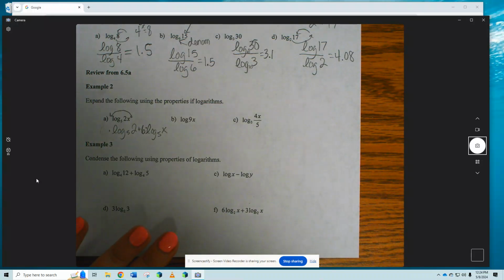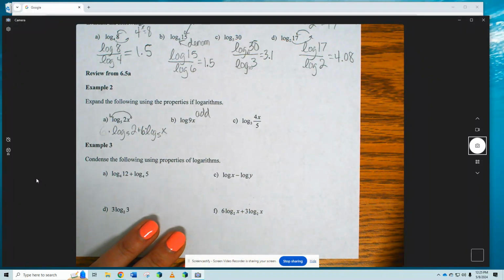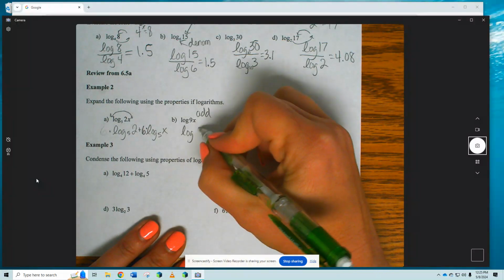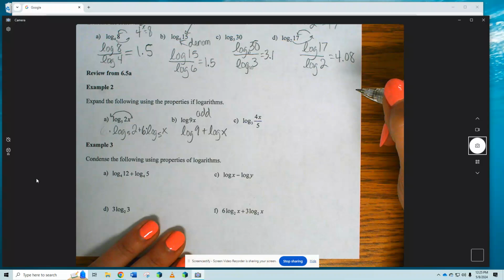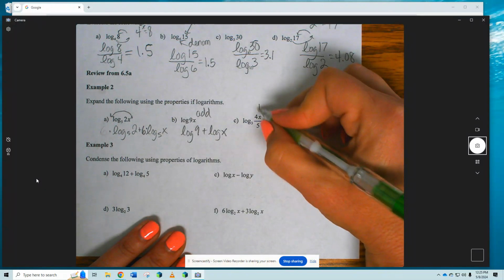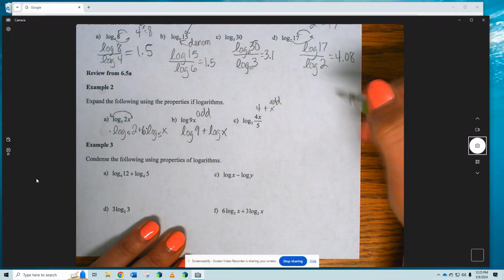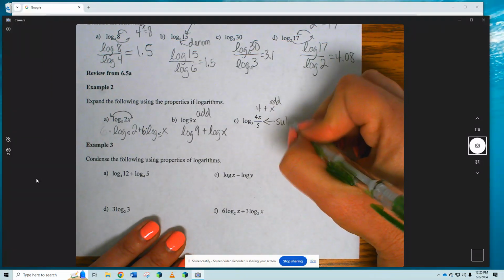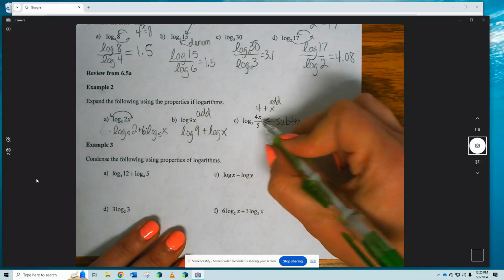B: 9 times x. Make it an addition problem, right? Okay. C is a lot. I'm going to make you stop at C. Ready? The 4 times x becomes an addition problem, because it's 4 times x.